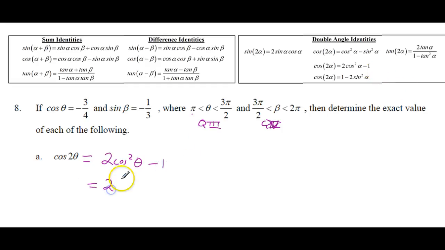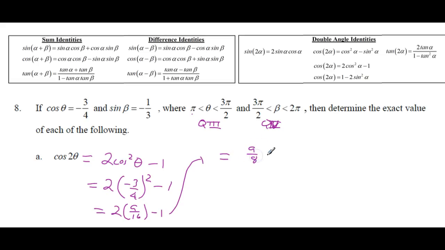Okay, so that's 2. What's cos squared theta? Well, cos theta is negative 3/4. So cos squared theta is negative 3/4 quantity squared, minus 1, which is 2 times 9/16 minus 1. So 2 times 9/16 is 9/8 minus 1.